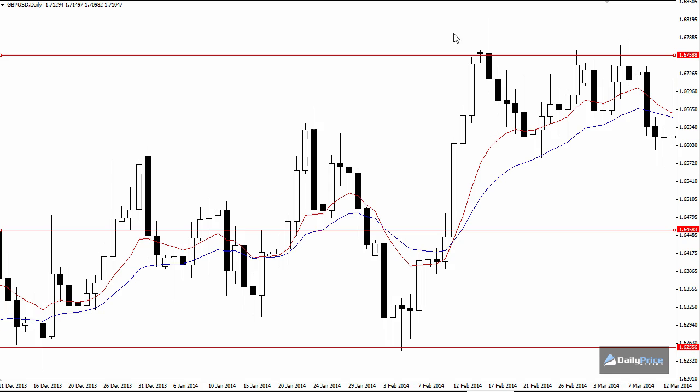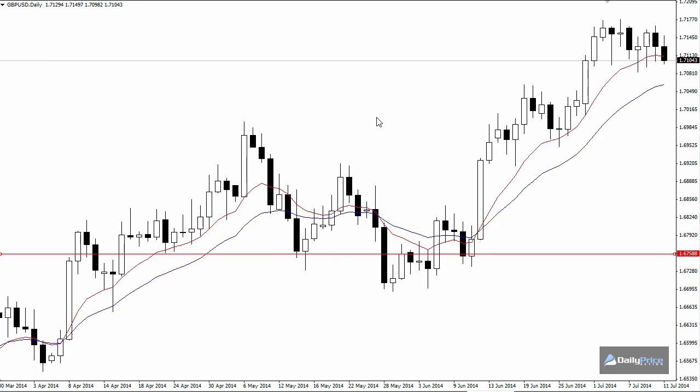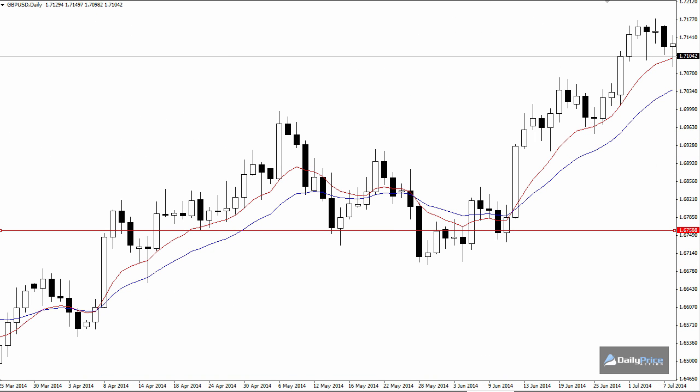If I zoom in, we can see multiple highs through here, and if I scroll over, we also have a swing low here, another swing low here, some highs here, and another low here. So this also looks like a pretty good level that I want to have on my chart.